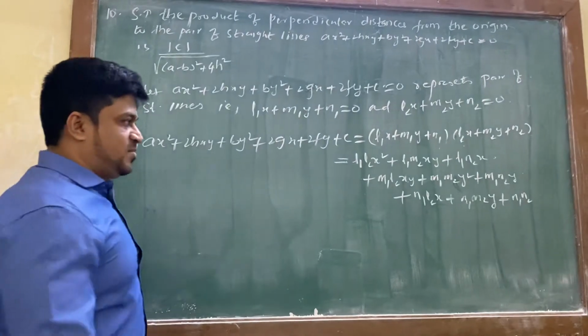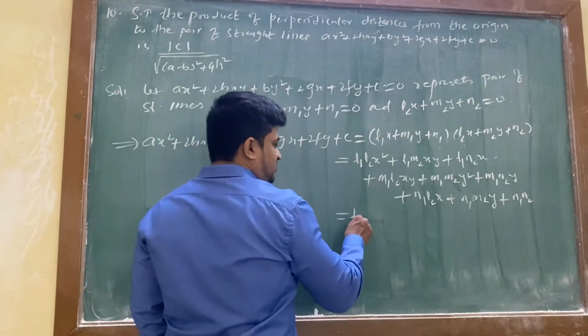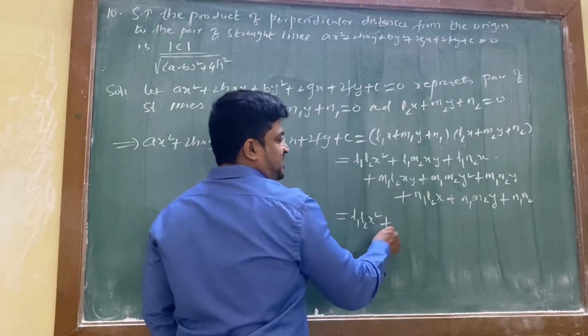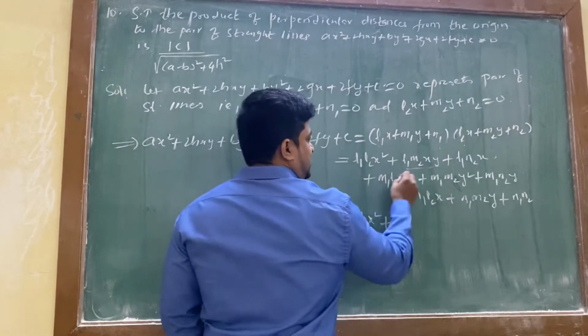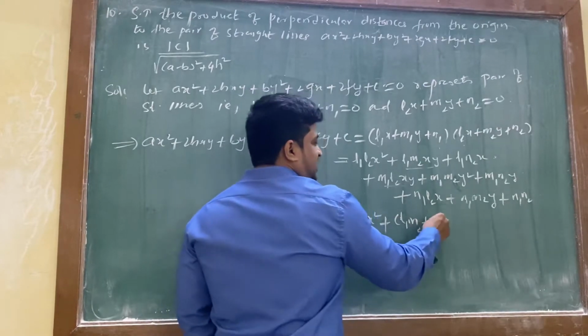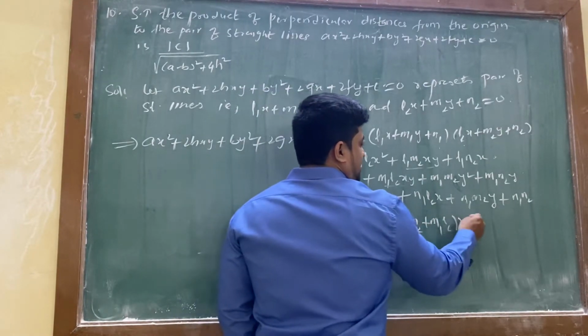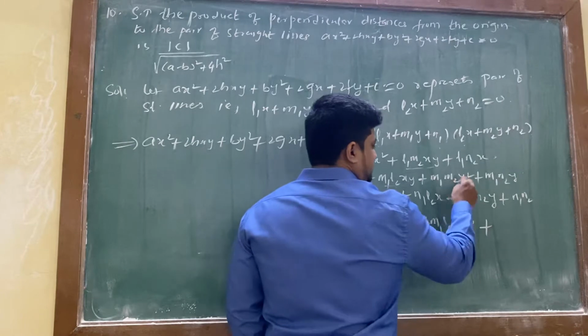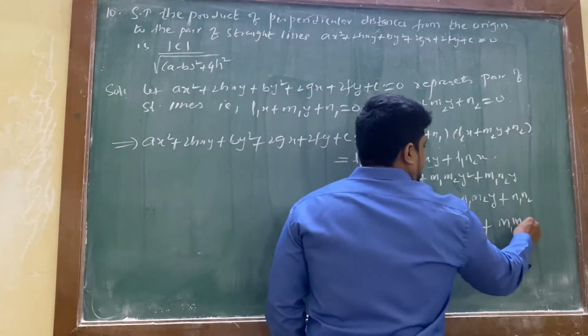Now we will consider common terms, first the x square term, then the xy term. These 2 terms have xy, so I am taking common L1 M2 plus M1 L2 into xy, plus the y square term, M1 M2 y square.